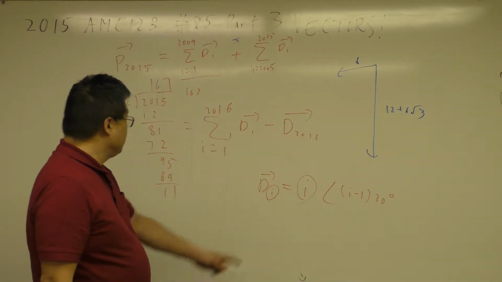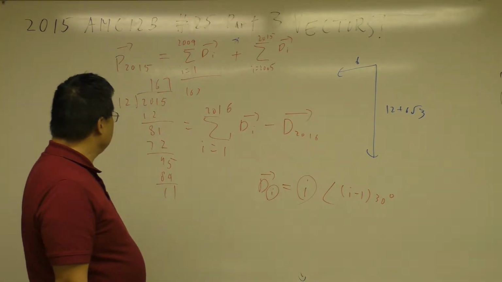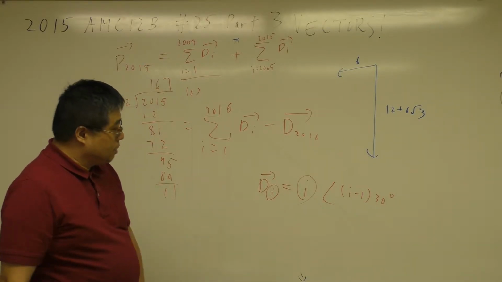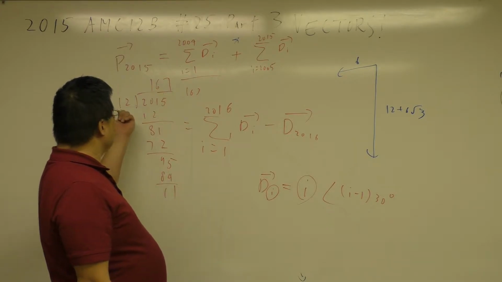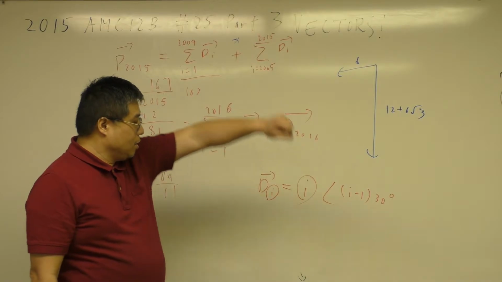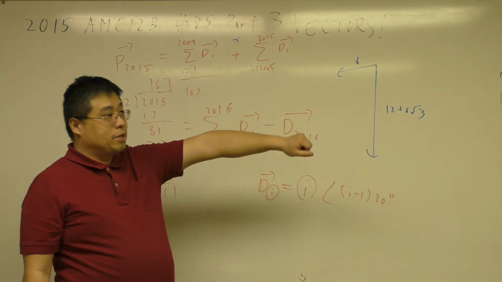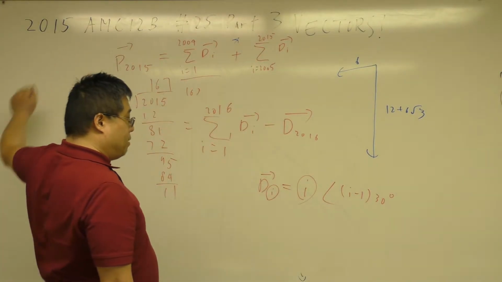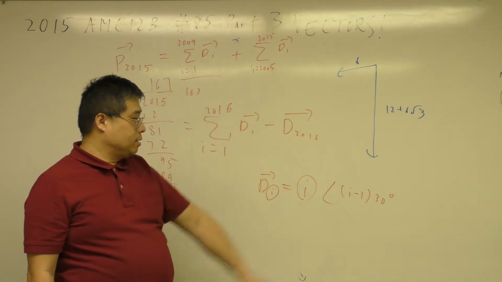And i minus 1, well, that's 2015, so we have the same situation here. And since 30 times 12 is 360, which is not a coincidence, because it multiplies to 360 degrees, we get things repeating for every 12 vectors.